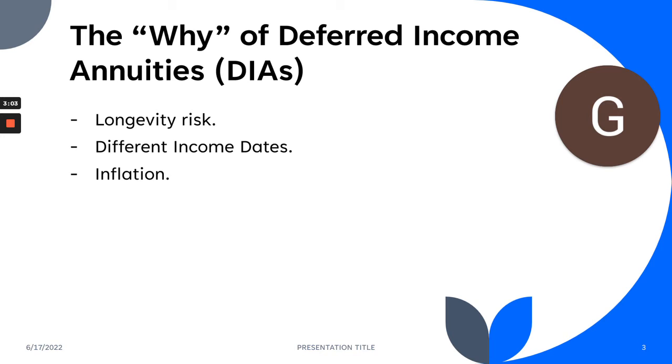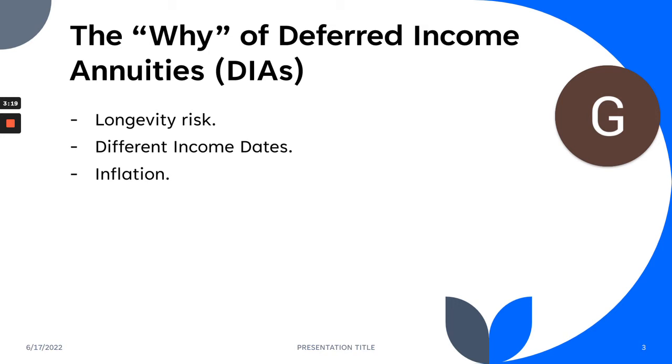Now, let's talk about the why of a deferred income annuity, or DIAs. Why would someone decide that they want to purchase a deferred income annuity from an insurance carrier? One of them is the longevity risk.